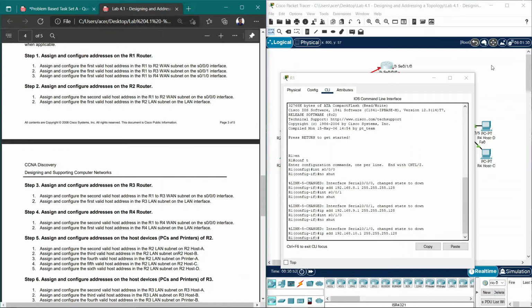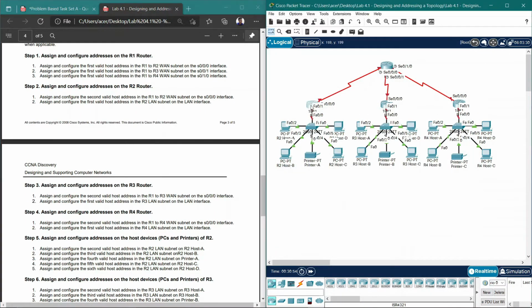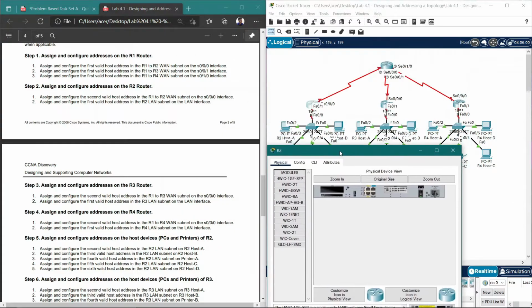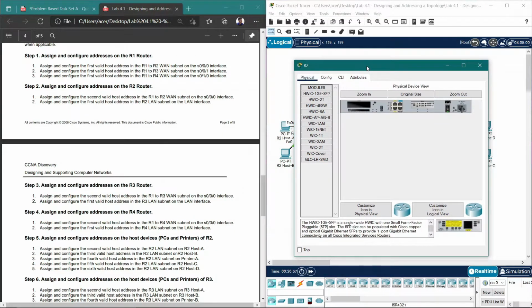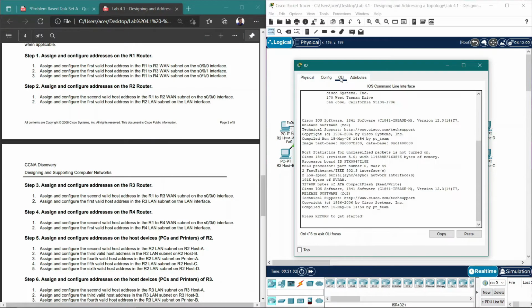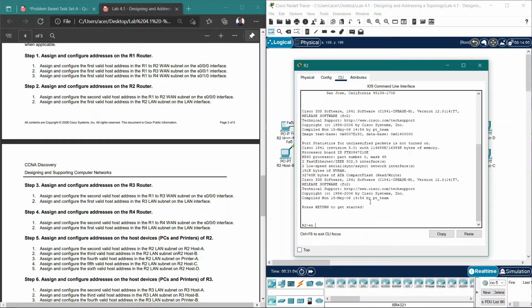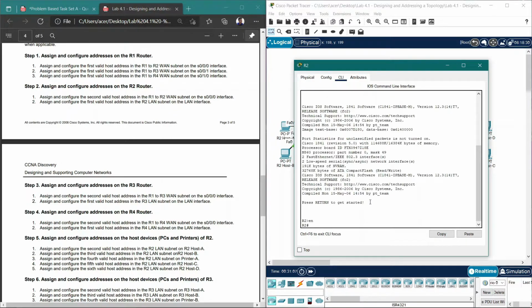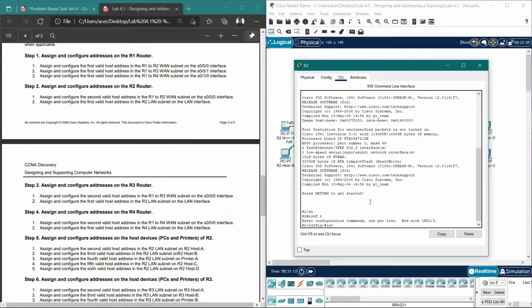Now with the R2 router, there are only two connections with R2, R3 and R4, which will be the route connection to the R1 and the LAN networks. Interface S0/0/0.